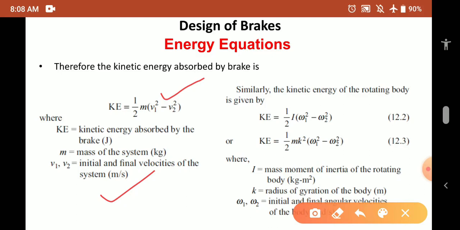Similarly, the kinetic energy of a rotating body we can write in terms of angular velocities omega 1 and omega 2.